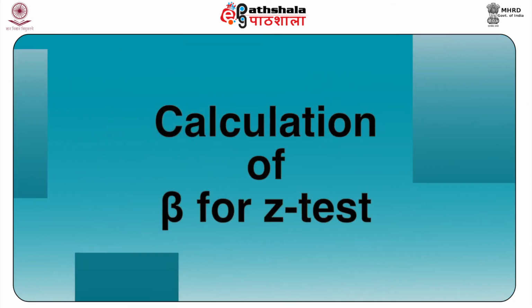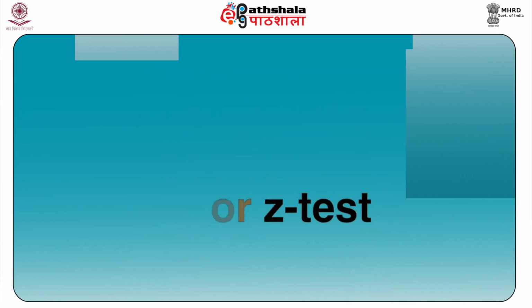Similarly, for a lower tail test and for a two tail test, we can calculate the cutoff values of the sample mean and find the probability of type 2 error and power of the test for a given level alpha of the test. How we calculate beta for Z test.